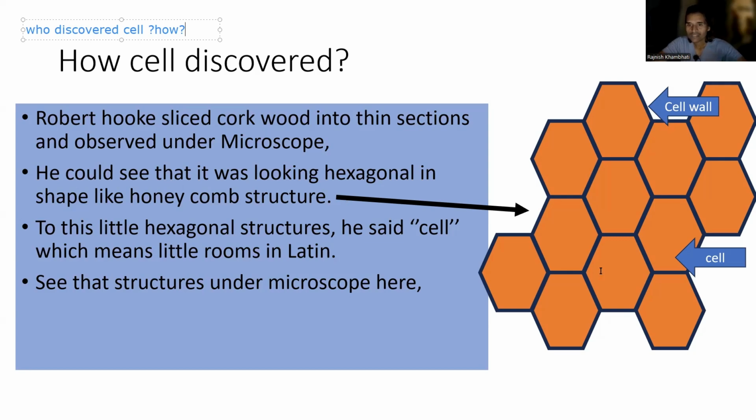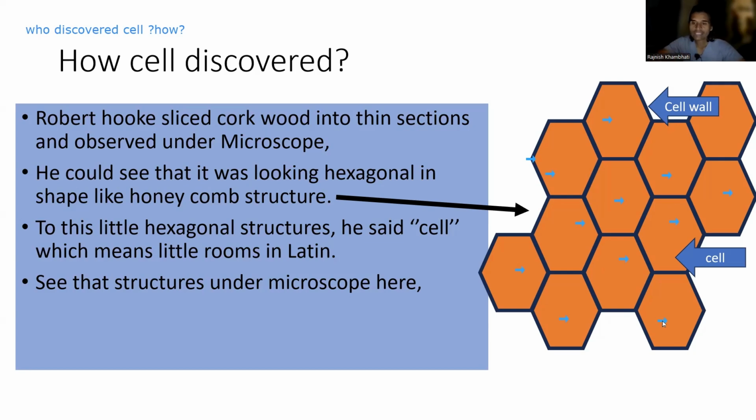You can see this orange image over here, the same honeycomb structure. And to this structure, he gave the name cell. All these hexagonal structures are known as cells.